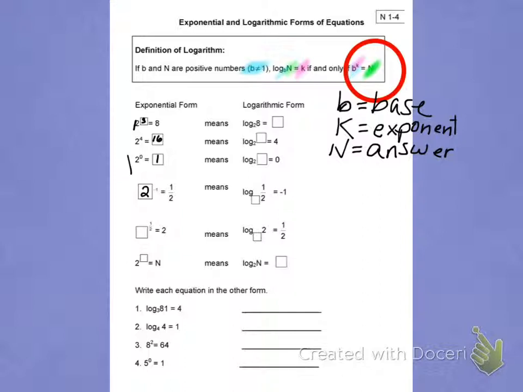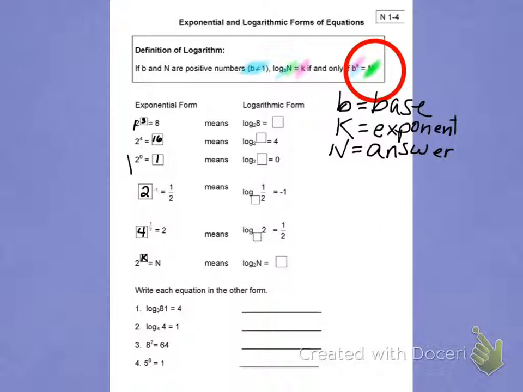And 1/2 power is a square root, so 4 to the 1/2 power, the square root of 4, is 2. And then if we look at our basic exponential form, some base to the k power is going to equal n. That's from our basic exponential equation at the top of the page.